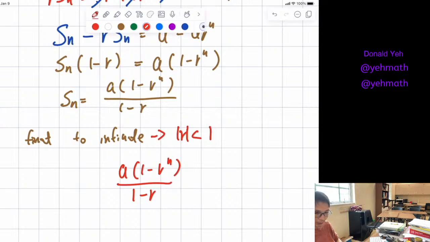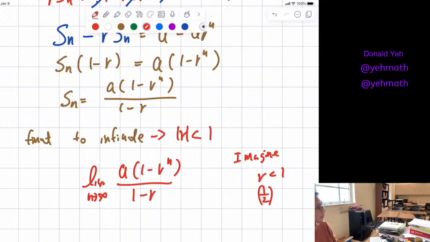And then r is less than 1, but we are applying a limit just like Daniel says, if I apply to infinite. Now imagine, Austin, come back to me. r is less than 1, so I'm going to pick a value. What's the best value to pick? Maybe something easy to comprehend, half, right?